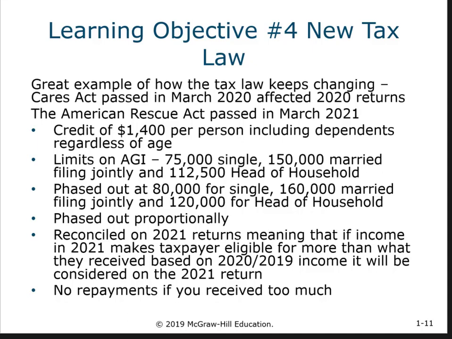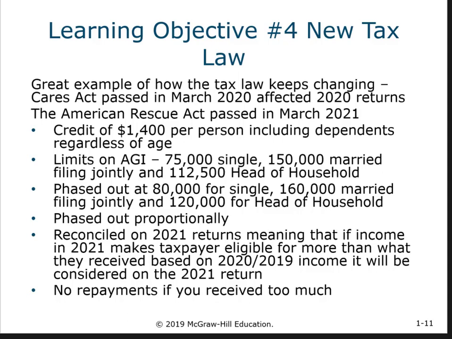If you're 1,000 into that, that's 1 out of 5, or 1/5, or 20% of that gap you're into. You lose 20% of your tax credit. So 1,400 minus 20% of 1,400. And if you're halfway through, if you're 77,500, halfway between 75 and 80, you would have gotten half the credit. That's what we mean by proportionally.